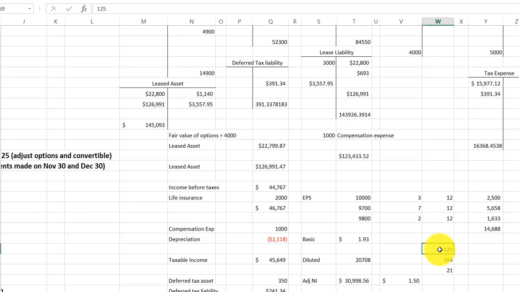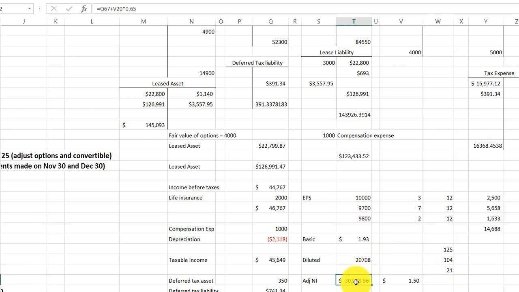The average options outstanding for the period, if you think of it as 250 for the year, has been earned. That's 1/4 of the 1,000. Then the average is 125. They buy back 104 shares with the proceeds, and so it only adds 21 shares to our diluted earnings per share.